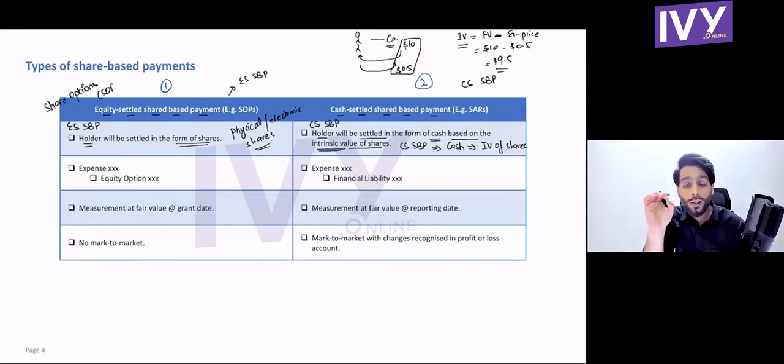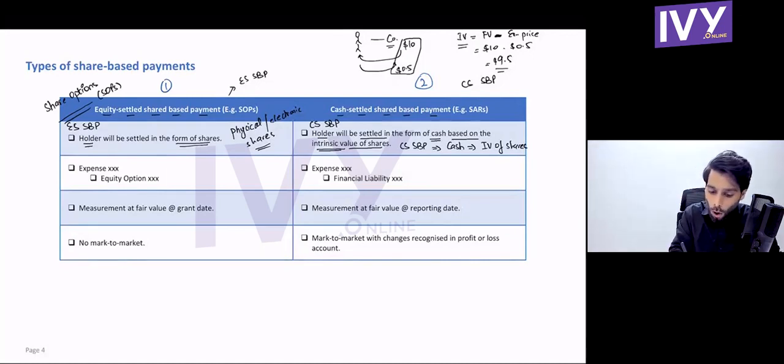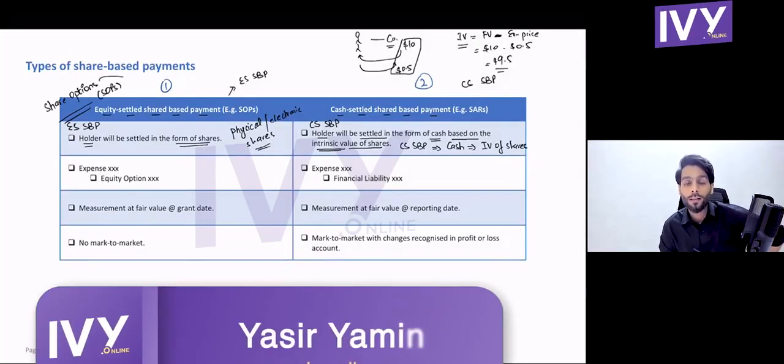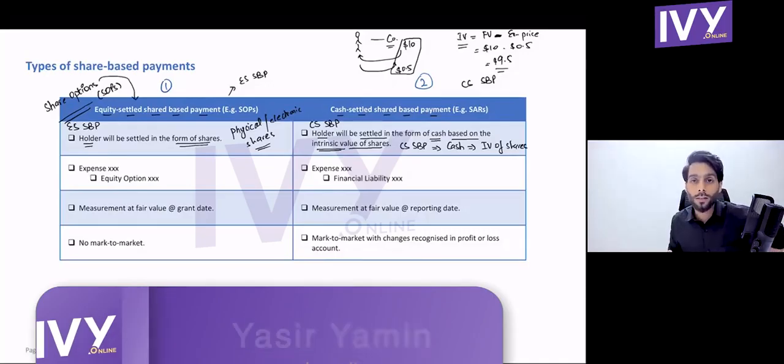Whenever your question says that this transaction refers to share options, always remember share options is an example of ESSBP. Whenever you see share option written, it is an ESSBP transaction.